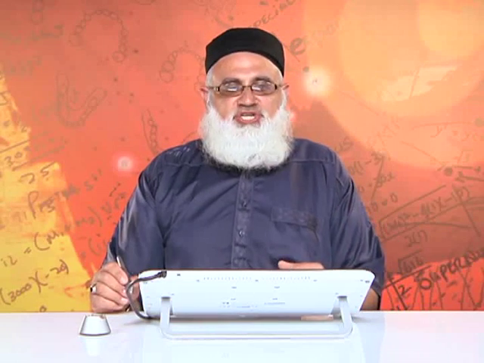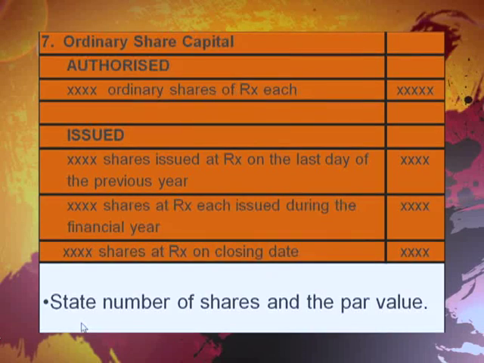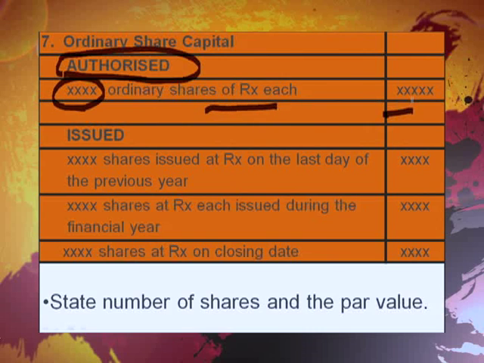Let's look at ordinary share capital. What happens here? You have your authorized amount, okay, and you're stating the number of shares and the par value of it. Then the next step, you come to your issued. What is in your issued?